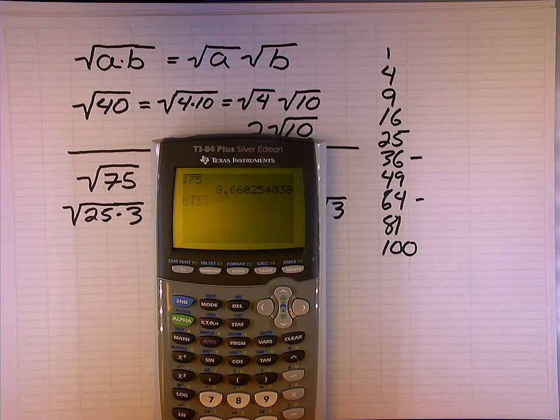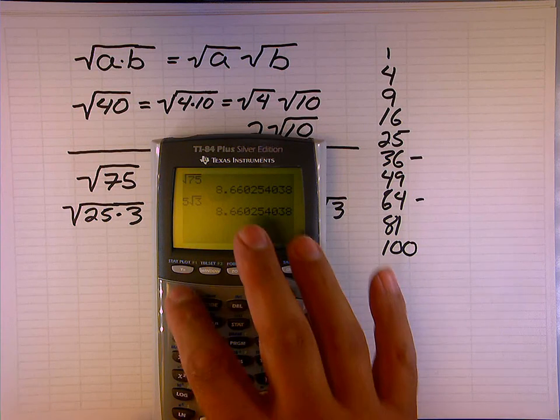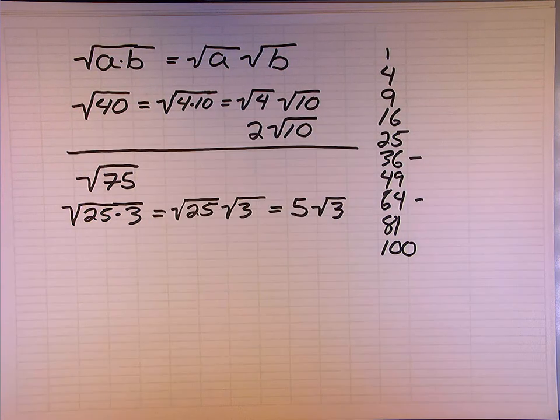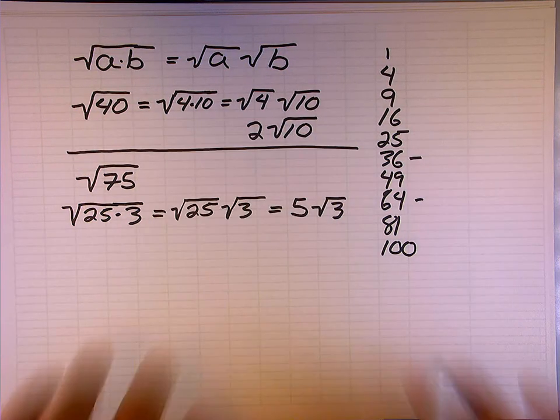If I take 5 times the square root of 3, which is what I said it reduced to, and hit enter, I get the exact same answer. So the form of how we look at the number has changed, but only the form, the value has not.